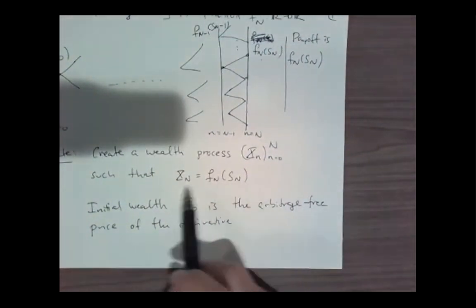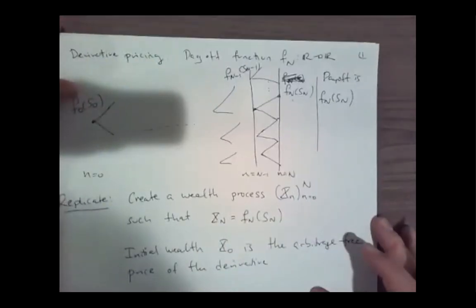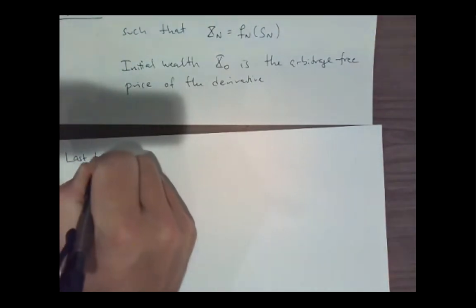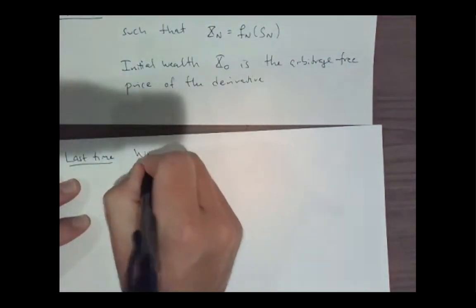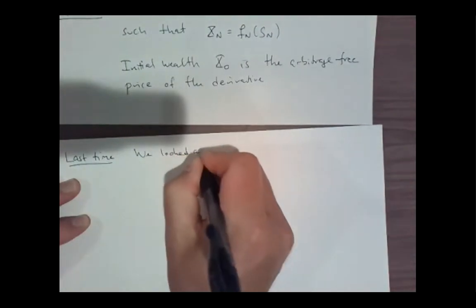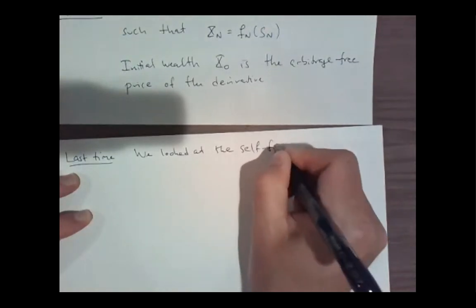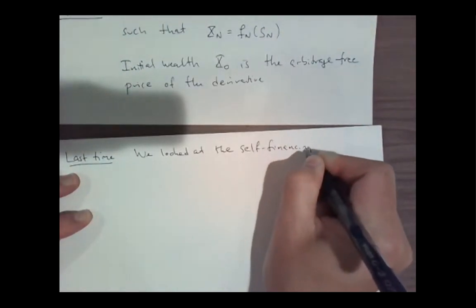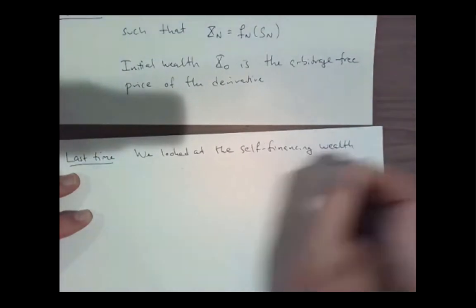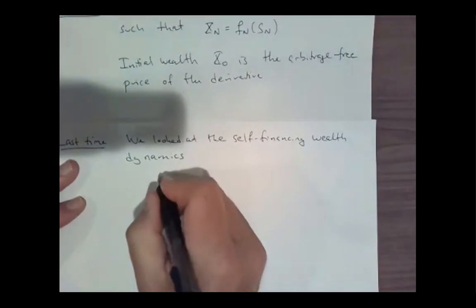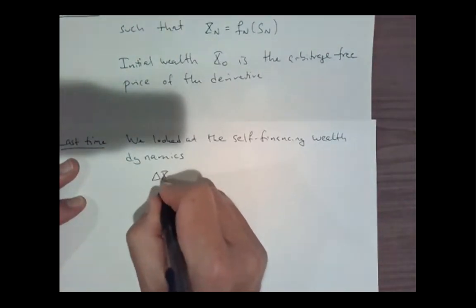Okay, so what goes into creating a wealth process like that? So we did a long calculation last time. Last time we looked at the self-financing wealth dynamics. Right, so dynamics is about changes. So we have delta xn.